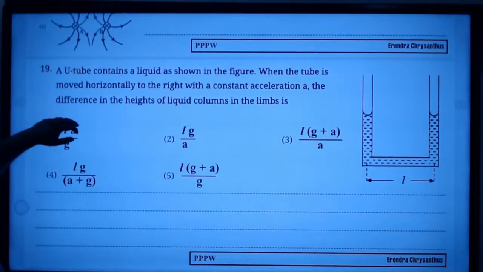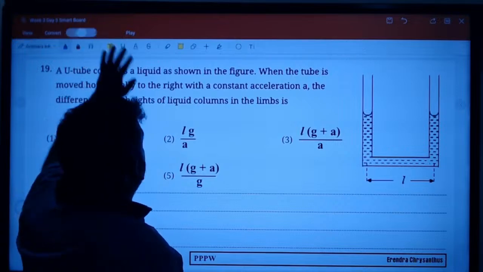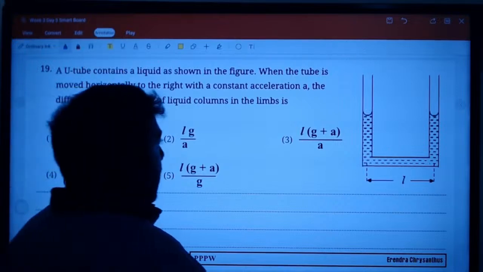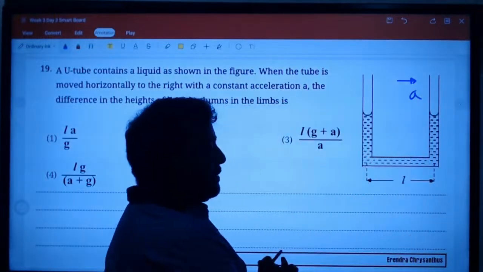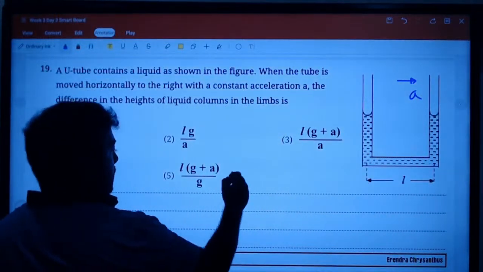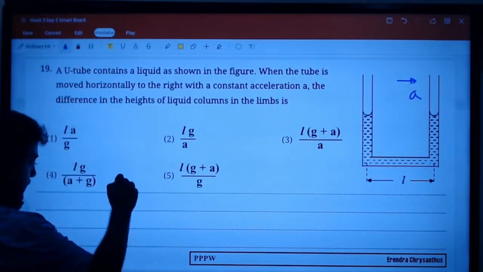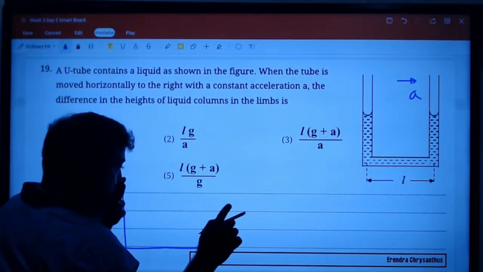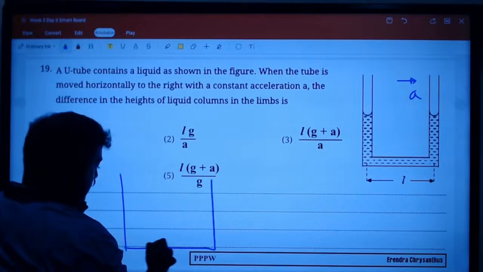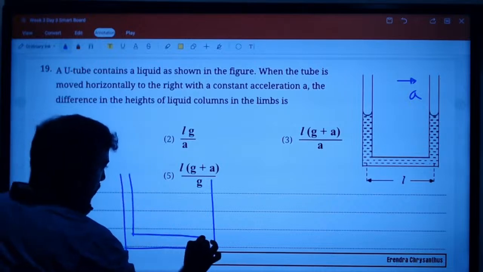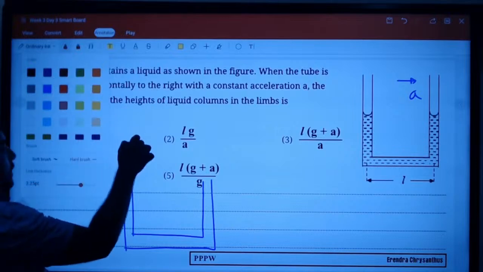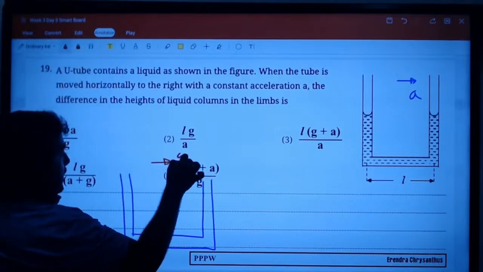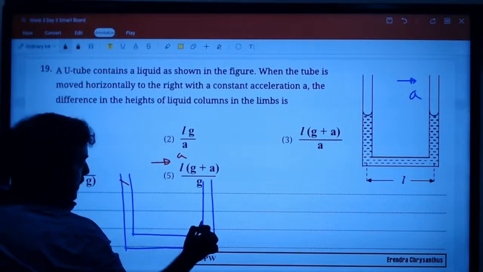A U-tube shown in the figure accelerates in that direction. Now, this is very basic. Whenever there is acceleration, for the ones who came for theory, I have got a shortcut. For the ones who don't know this, I'll teach. When you accelerate in that direction, this level goes up, this level goes down.